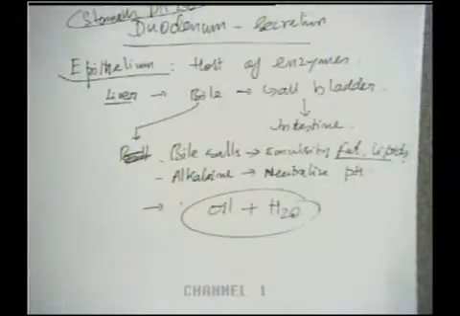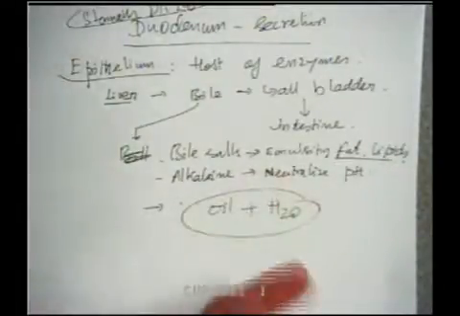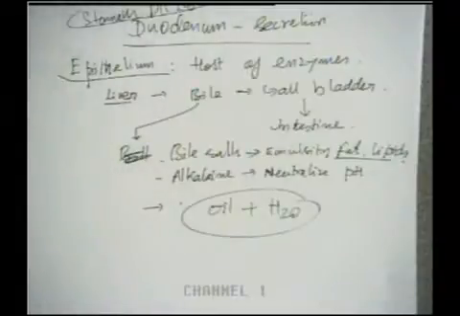Greasy stuff needs detergent, correct? Soap, detergent, as you use at home. Our body also has a detergent, and that is the bile salt. Imagine bile salt as a soap, a detergent in our system, which helps the oil and water combine.